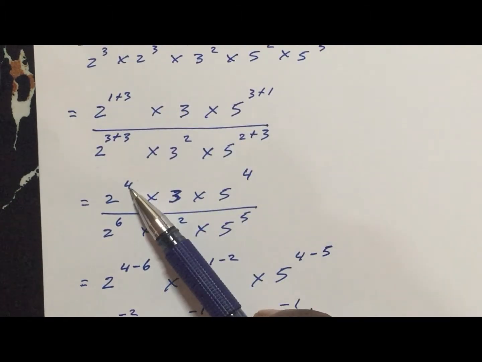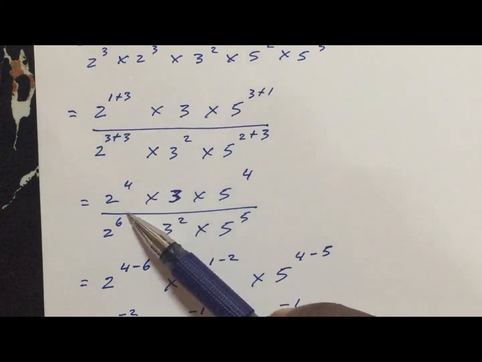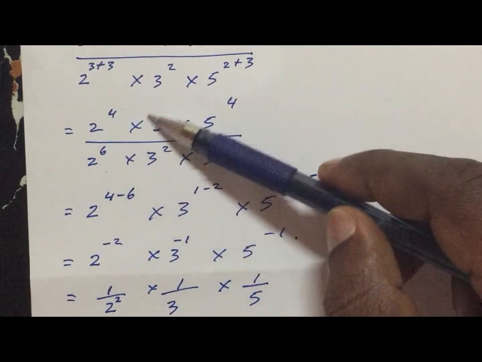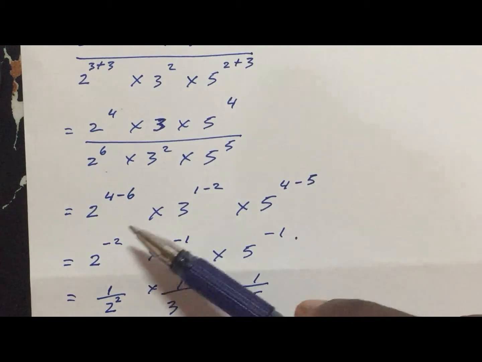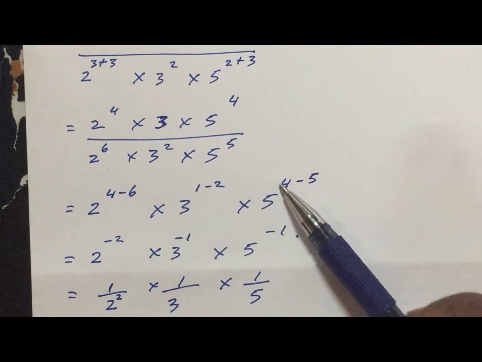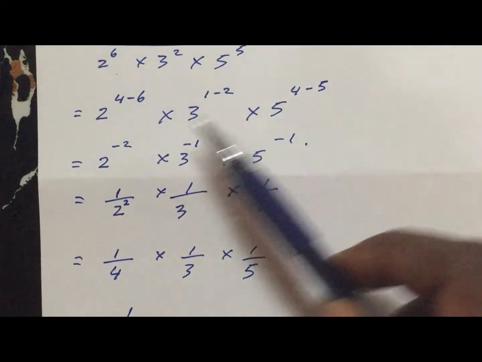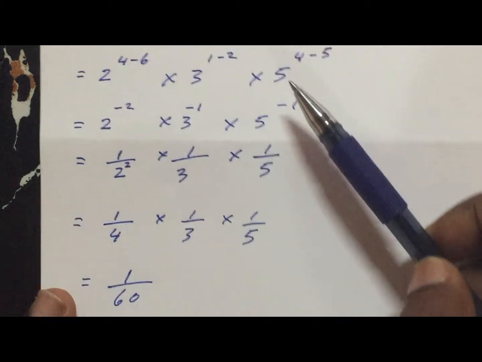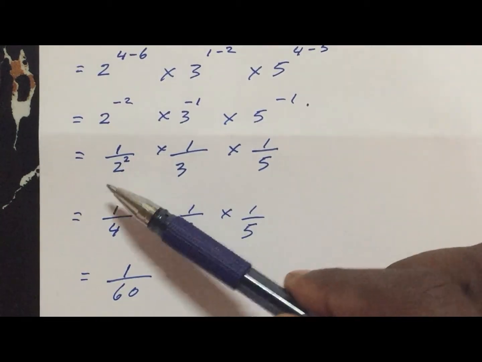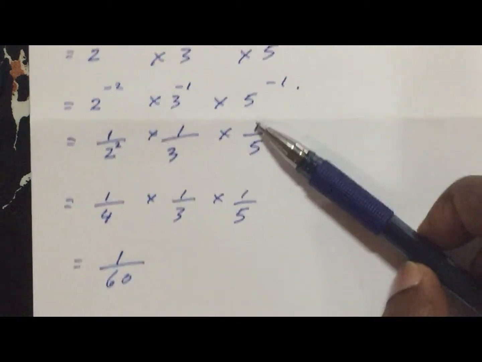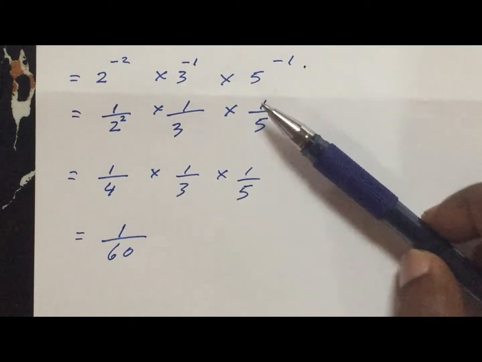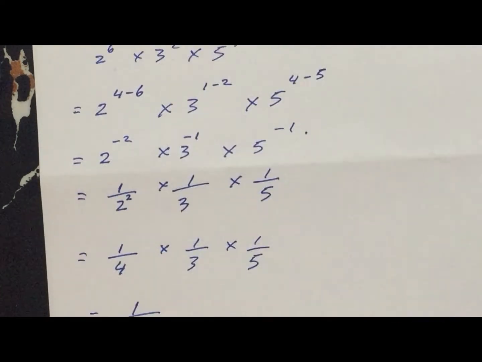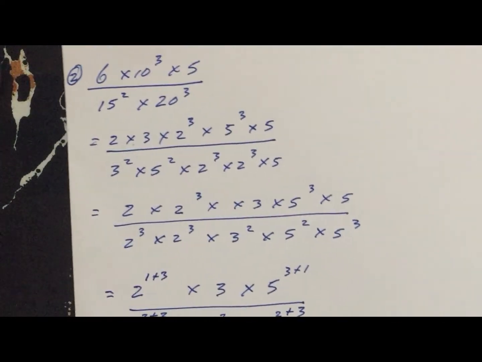After we group, we simplify, then we further simplify, applying our laws, and keep applying our laws as we come down. And there it is, 1 upon 60. That's lucky number 2.